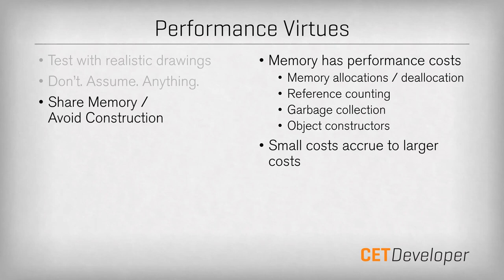So don't worry about this in the small sense. Worry about this more in the case where you have code that's going to be run a lot or very often. So parsing code, graphics code, things like this.